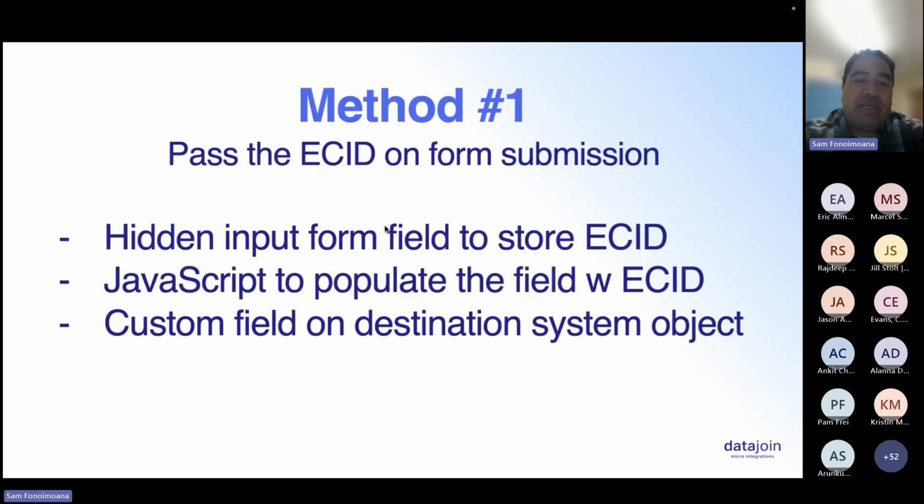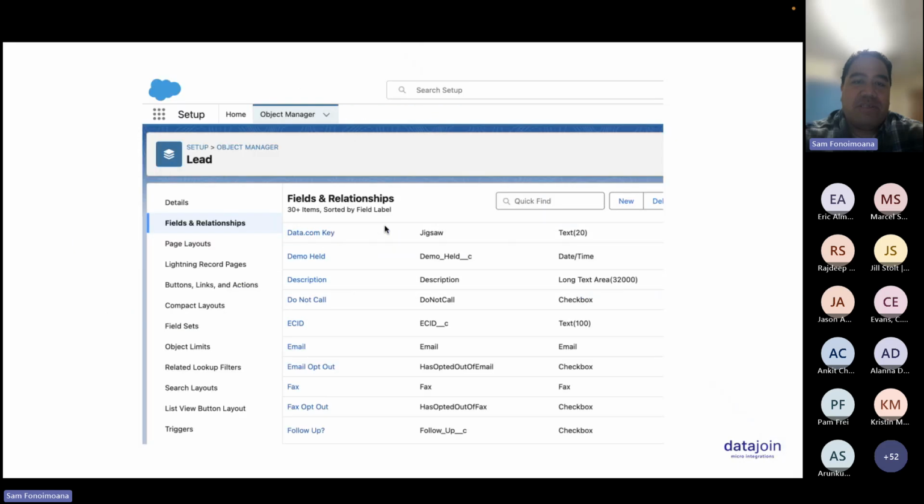Step number three, depending on where it's going, if your lead submissions go into Marketo, you'd have to do this in Marketo. This example will be with Salesforce. Wherever your leads go, once the form submission happens, you'll need to add a custom field on the destination system object. For this example, let's take a look at Salesforce.